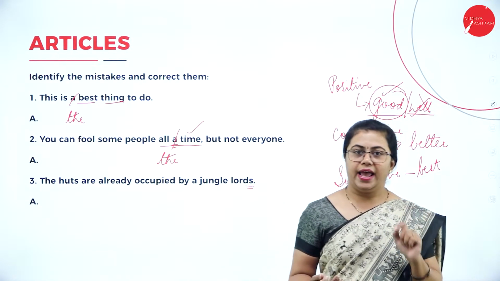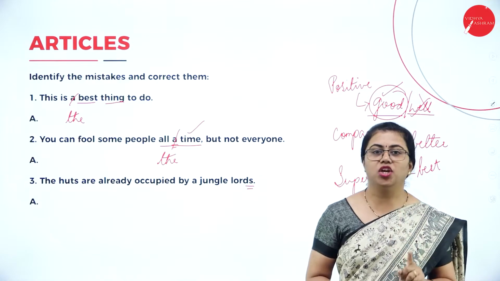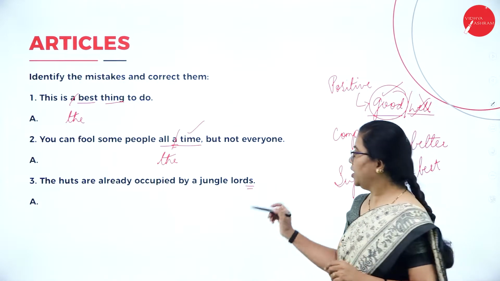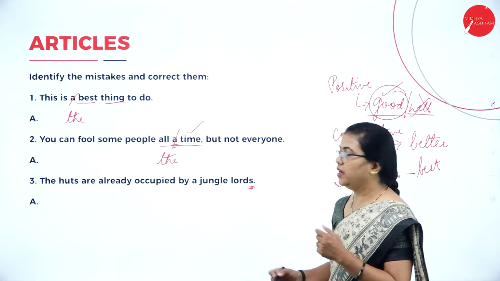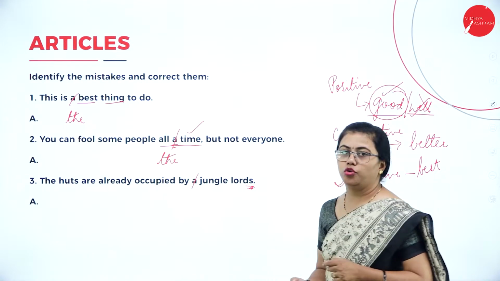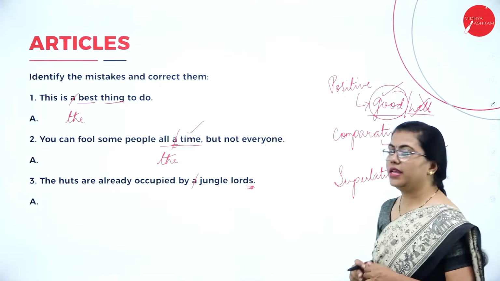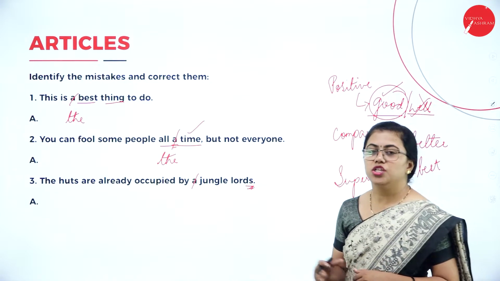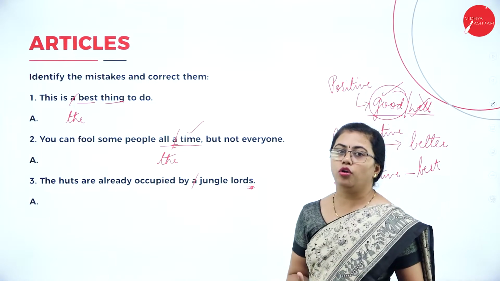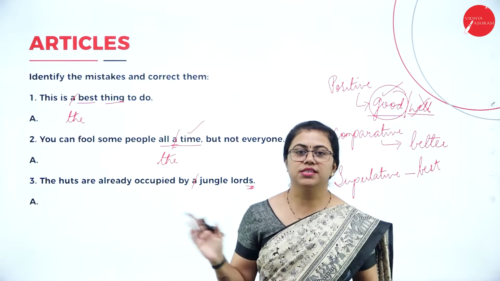A and an are supposed to be used with singular nouns only. Here it is plural, so you are not supposed to use a over here. So the sentence becomes: the huts are already occupied by jungle lords. Here they're talking about somebody who has already occupied the huts, the jungle lords.